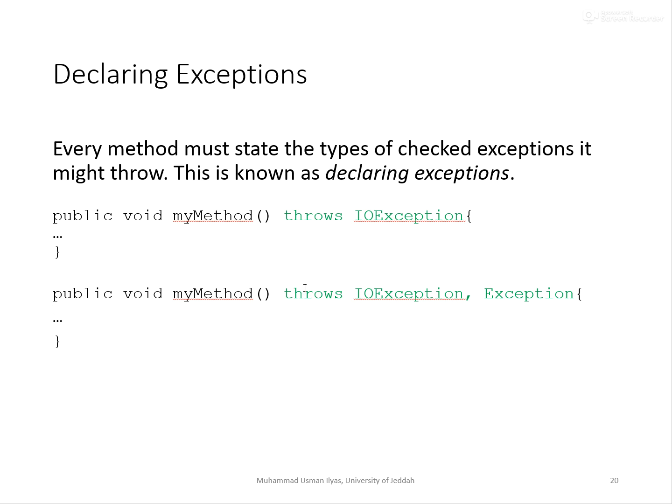Now, if we have multiple places inside this method where exceptions may be thrown, let's say at one place an IO exception may be thrown, at another an object of type superclass exception, then we can specify that like this. We just put in a comma between the two exceptions.